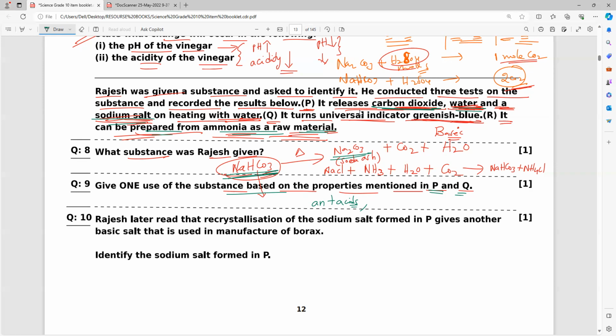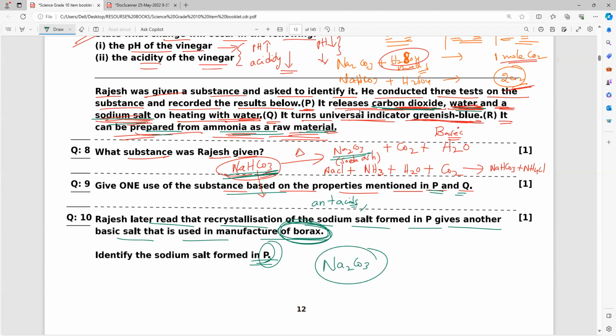Next, the 10th question. Rajesh later read that recrystallization of the sodium salt formed in P gives another basic salt that is used in manufacturing of borax. Borax means you can immediately get the idea of washing soda. Identify the sodium salt formed in P. They're asking about P. What is P?